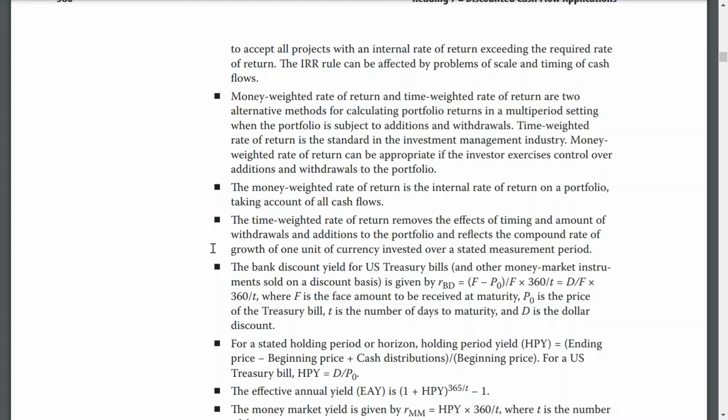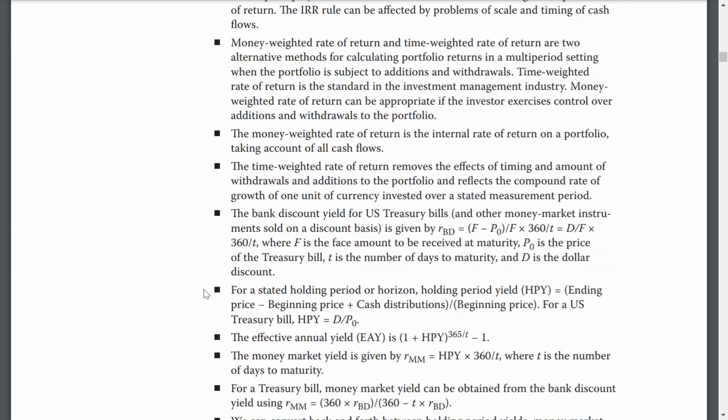Money-weighted rate of return is the internal rate of return on a portfolio taking account of all cash flows. The time-weighted rate of return removes the effect of the timing and amount of withdrawals and additions to the portfolio to reflect the compound rate of growth of 1 unit of currency invested over a stated measurement period.